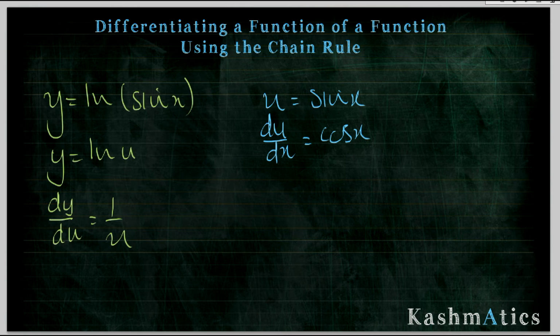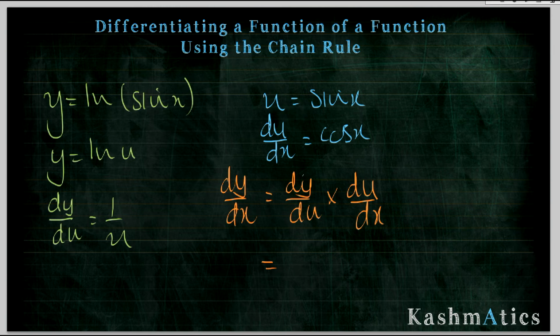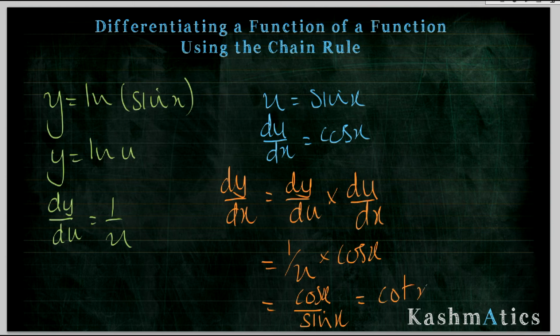Look, we just write dy by dx equals dy by du multiplied by du by dx, and dy by du is 1 over u multiplied by du by dx, which is cos x, but u is actually equal to sine x, so what I get is cos x over sine x. And if sine over cos is tan, cos over sine is 1 over tan, and 1 over tan is called cot, so that would be cot x.